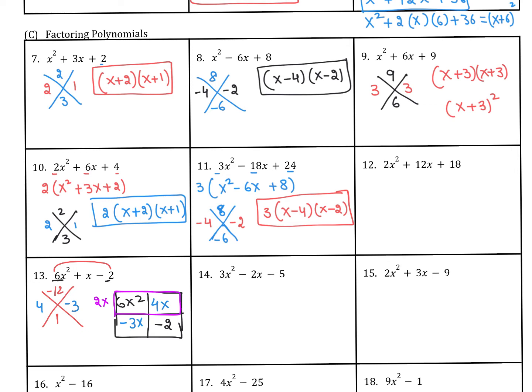Here you need to multiply with 3x to get 6x squared. Here you need to multiply by 2, and this one is -1. The side numbers go into brackets and make factors. So the two factors are going to be 3x plus 2 times 2x minus 1.